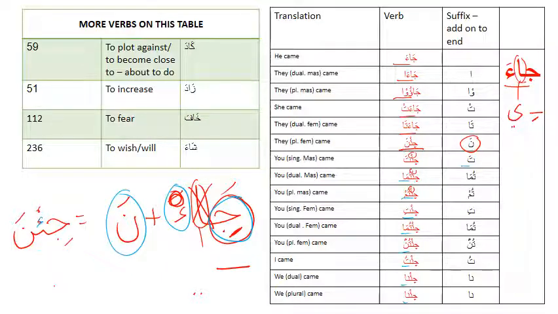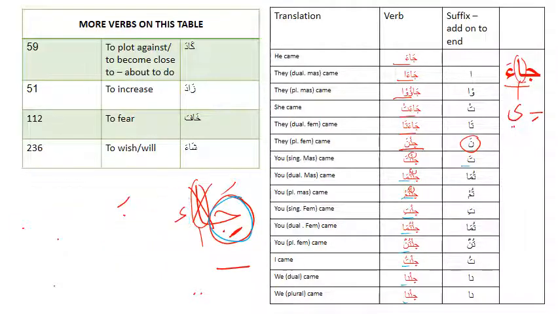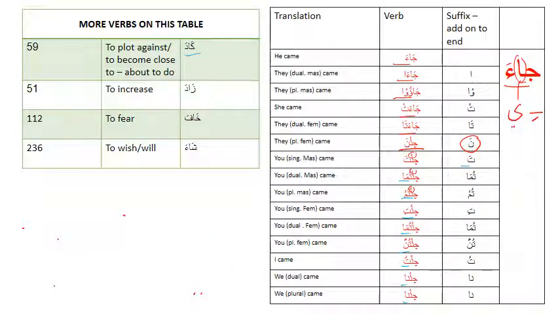And yeah, you just follow the table for the rest of these verbs that I have over here. Kada can either mean to plot against or to become close to doing something. However, we'll just use the word plot against. So for example, let's say kada plus tu, I did.